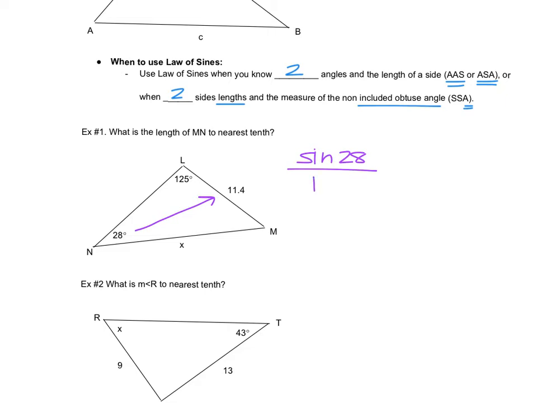It's very easy for people to confuse this and say the sine of 11.4 over 28. But what have I always said about angles? They must go with the trig function, okay? So it's going to be the sine of the angle, and the side across from it is the thing that will be by itself, okay? So we would say sine 28 over 11.4 is equal to, anyone think they can do it?